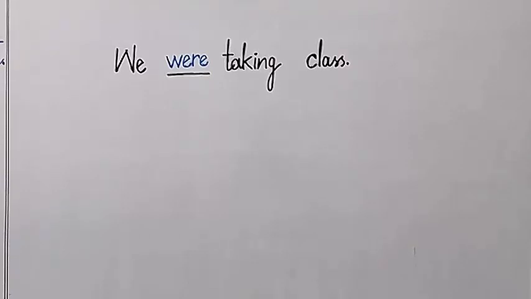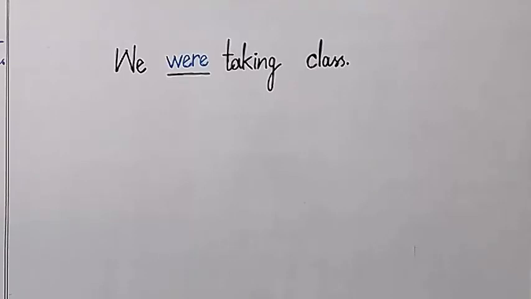Now look at the board again. What is the difference between the previous sentence and this sentence? Yes, the difference of auxiliary verb. First I used are as auxiliary verb, and now I have used was as auxiliary verb here. And now this sentence belongs to past. It's no more present.